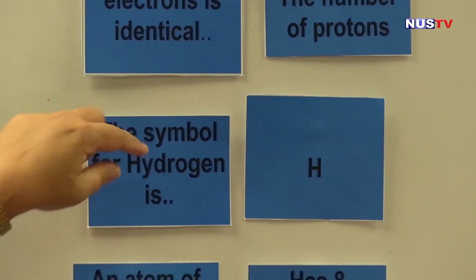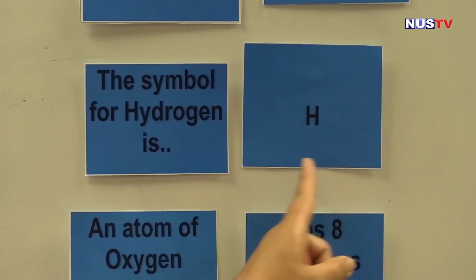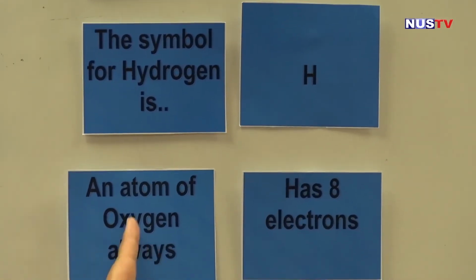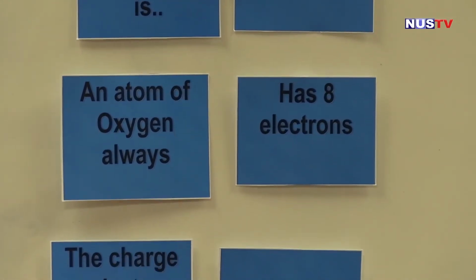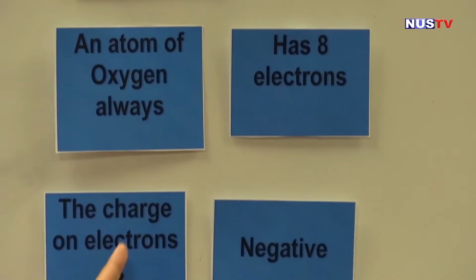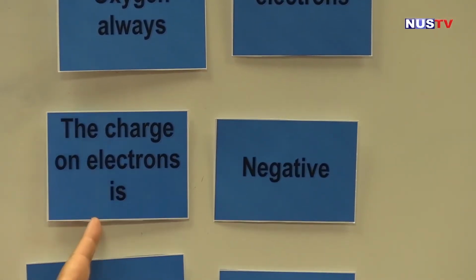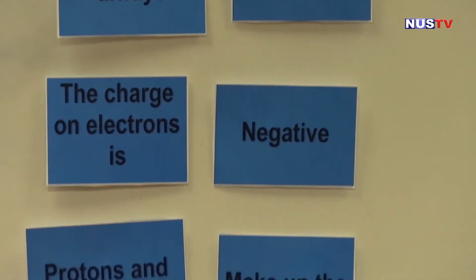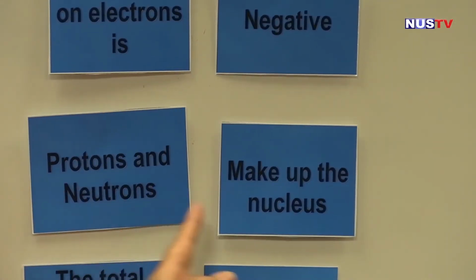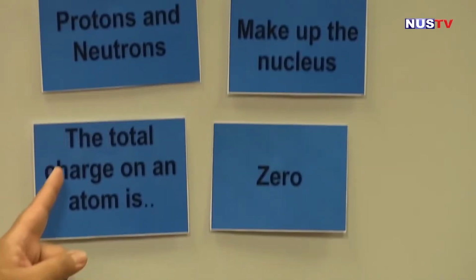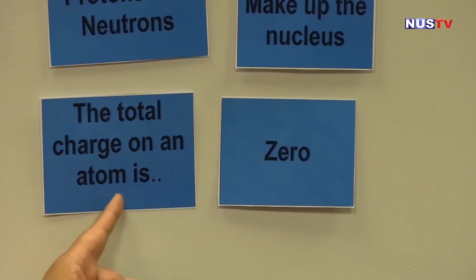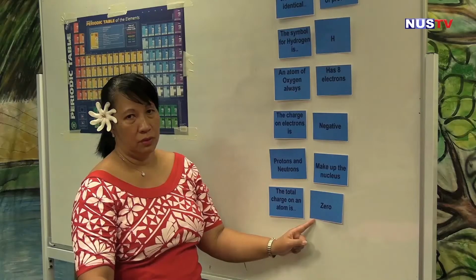The symbol for hydrogen is H. An atom of oxygen always has 8 electrons. Right? The charge of electrons is negative. Protons and neutrons make up the nucleus. And the total charge on an atom is 0.